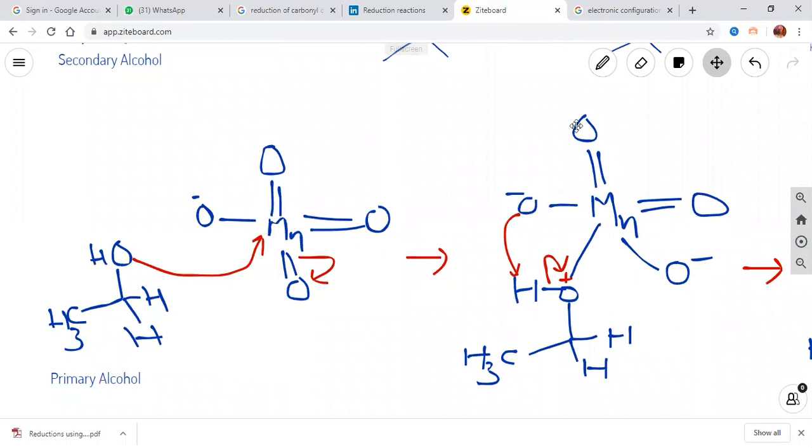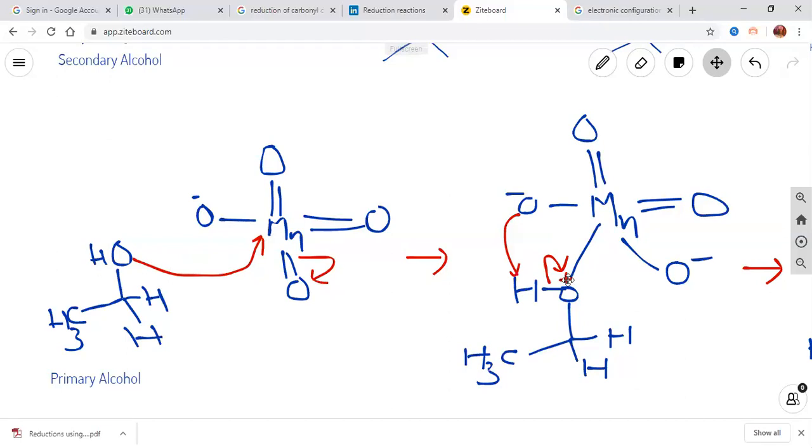Now the same thing happens. In this permanganate ion, the oxygen attacks the manganese atom, and the pi bond in one of the oxygens goes to the oxygen, so it gets a negative charge. Since this oxygen makes a bond with manganese, it gets a positive charge.